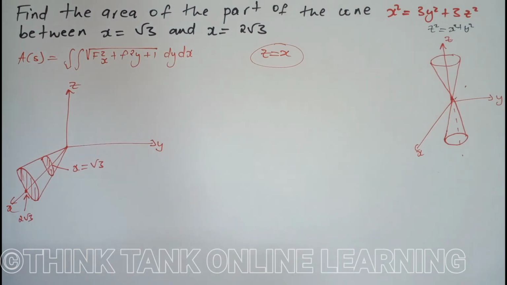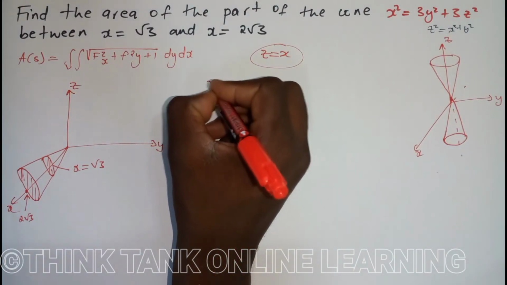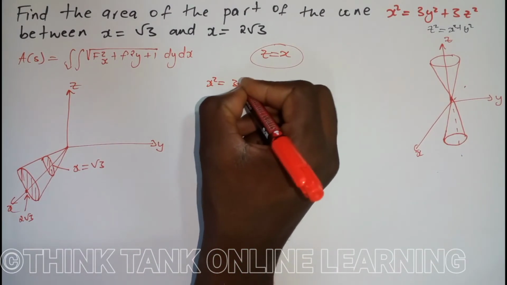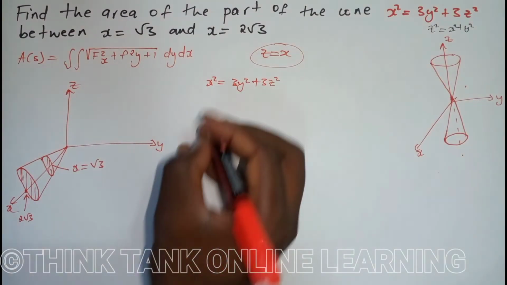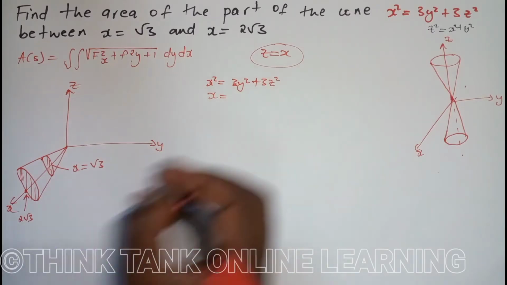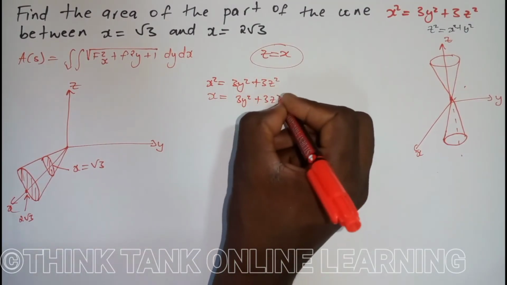What you need to do is write our equation. Our equation is x squared equals 3y squared plus 3z squared. Let's make x the subject of the formula. So x is going to be the square root of 3y squared plus 3z squared.